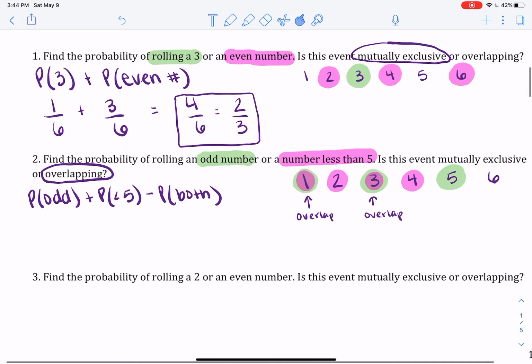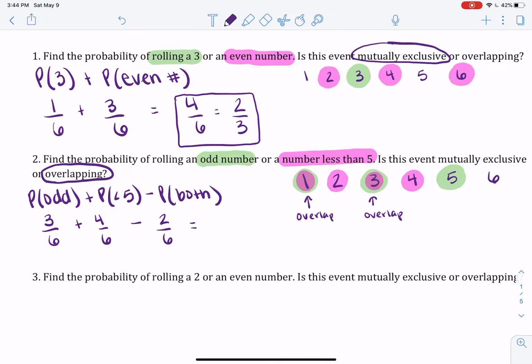So the probability we get an odd number, well, we've got 1, 2, 3 odd numbers out of 6, plus the numbers less than 5 were 1, 2, 3, 4 out of 6, minus, now let's just count our overlaps. We had 1, 2 overlaps, so that's 2 out of 6. 3 plus 4 is 7, minus 2 would be 5.